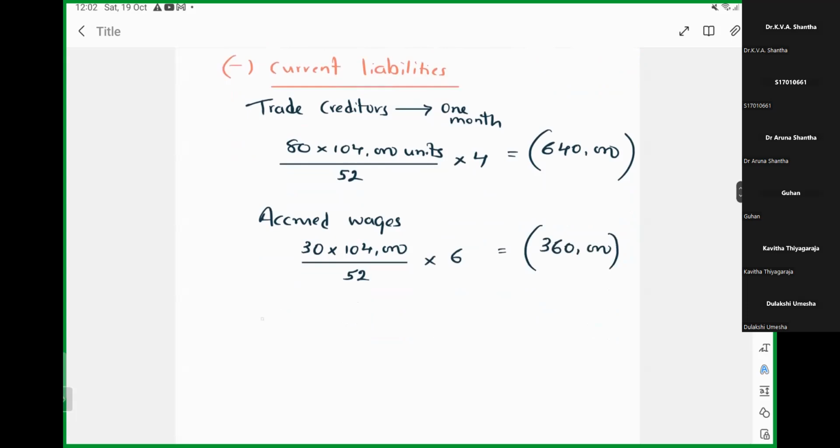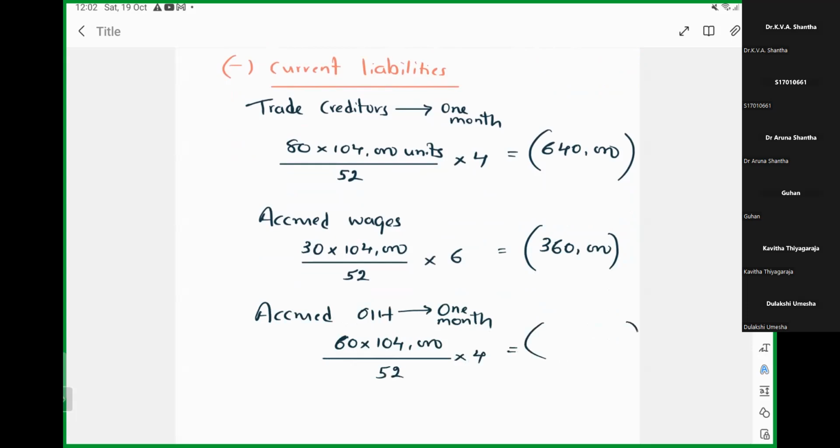Then accrued overheads. Overhead cost per unit 60 into 104,000 units, you get the total overheads. Then 1 month of overhead accrued, divided by 52 multiplied by 4. $480,000.